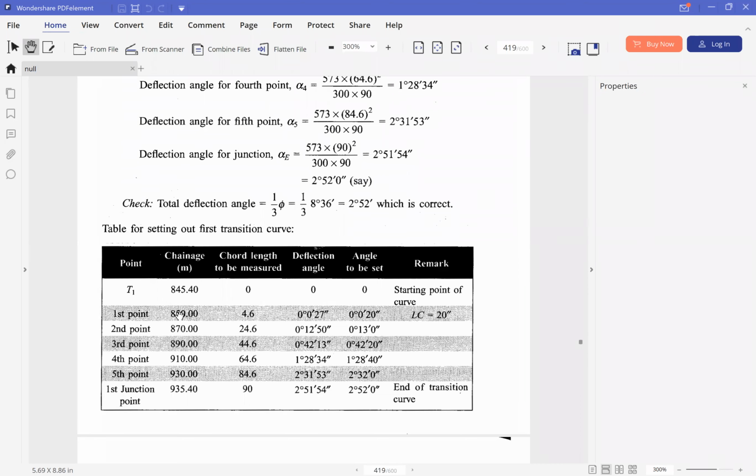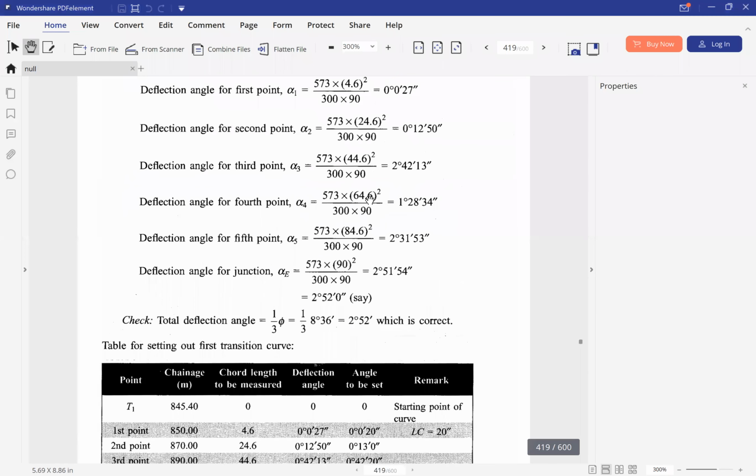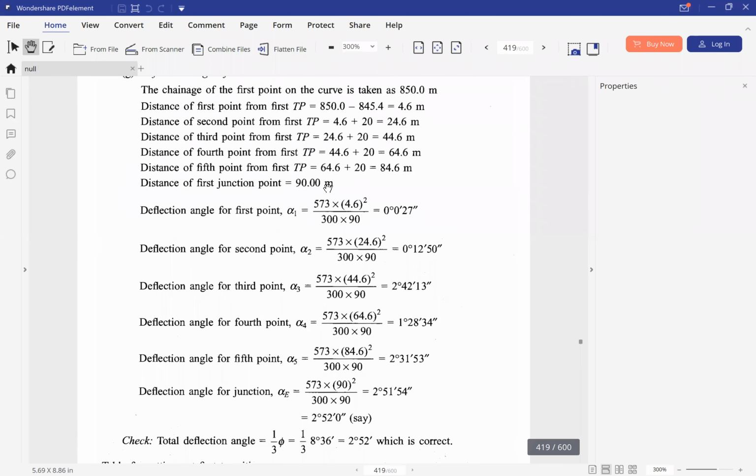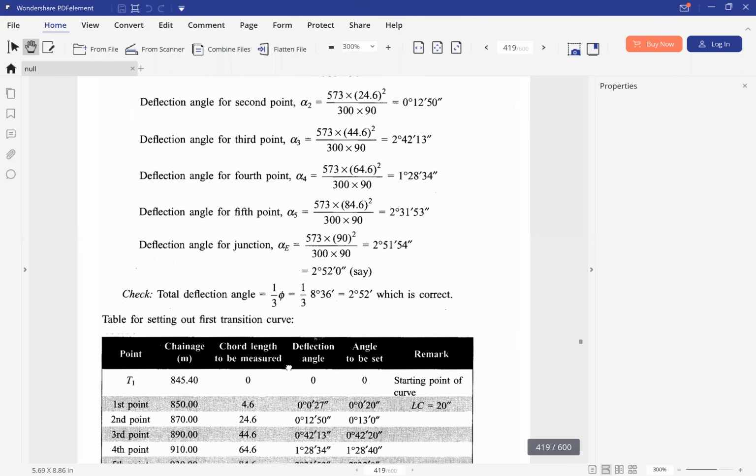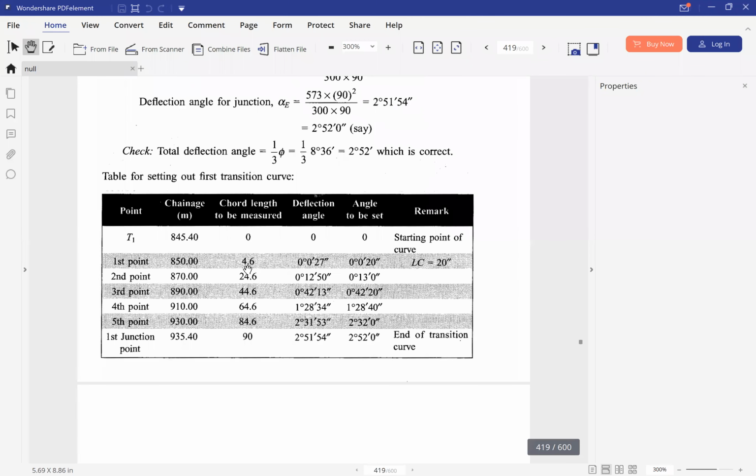The chainage of the first point is 850, right? As you can see, we set this value as 850 in order to make it a round figure. So that's why 850 is over there, and the length comes out to be 4.6, and this is the corresponding deflection angle. For the second point, the chainage can be calculated by just adding 20 to the previous value. So 850 plus 20, that is 870. Then for the third point, again plus 20, 890.